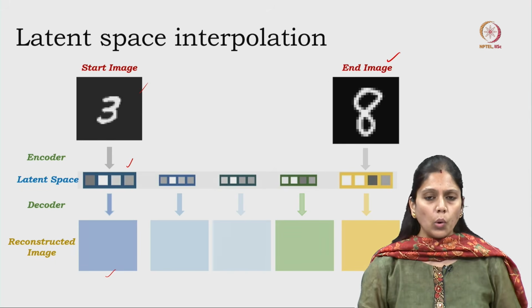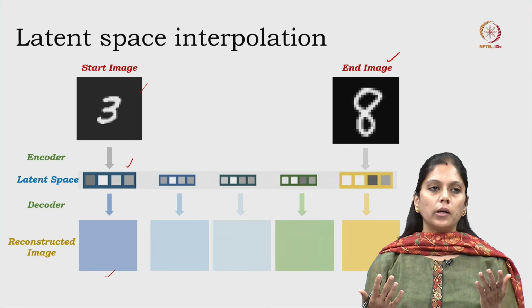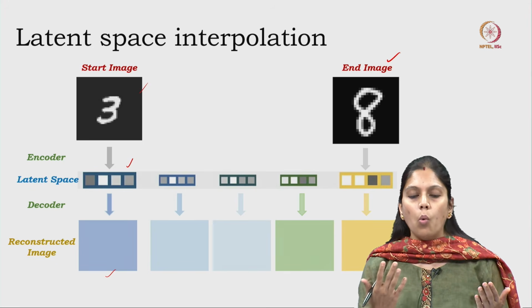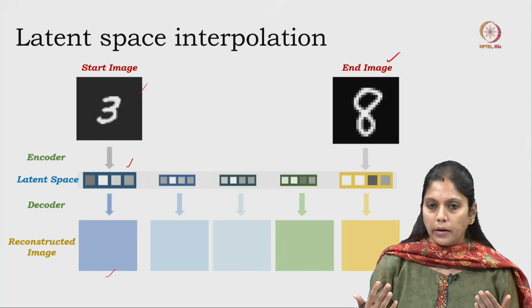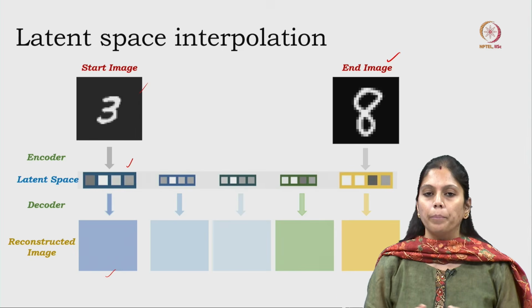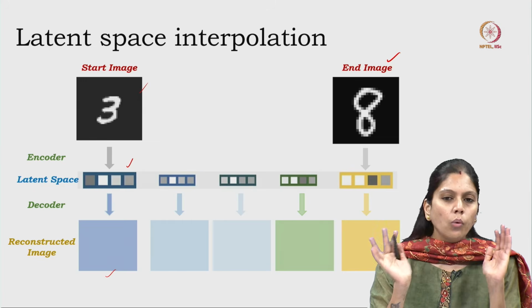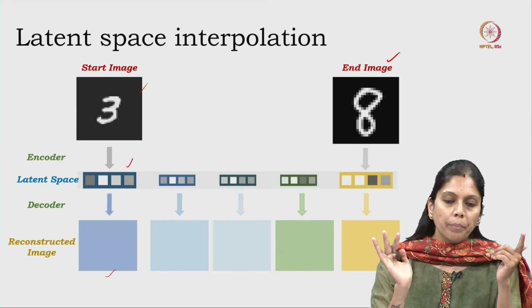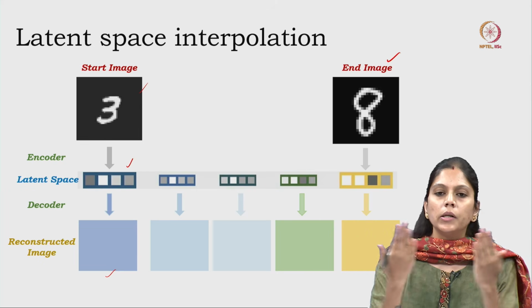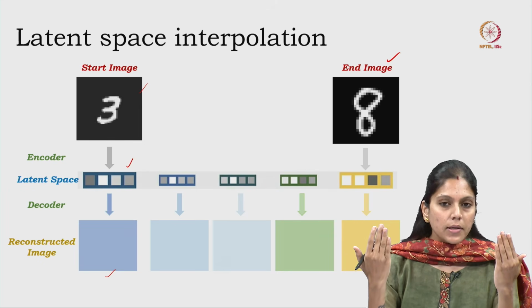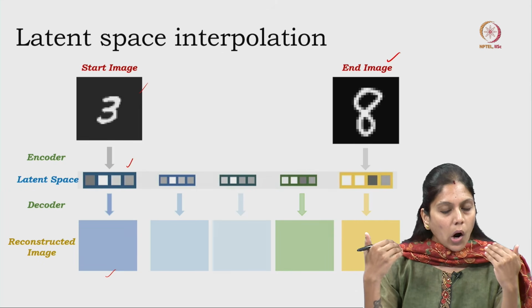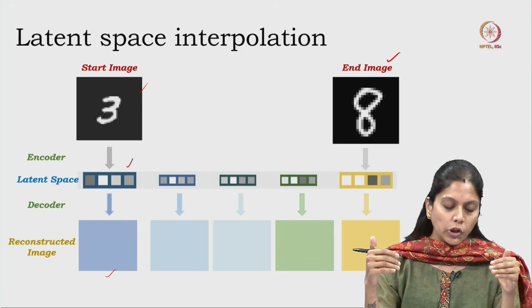Now, what is interpolation? Interpolation here is that you now want intermediate data, in-between data. All we have is this input and this input. But from these inputs, we got the latent representations.